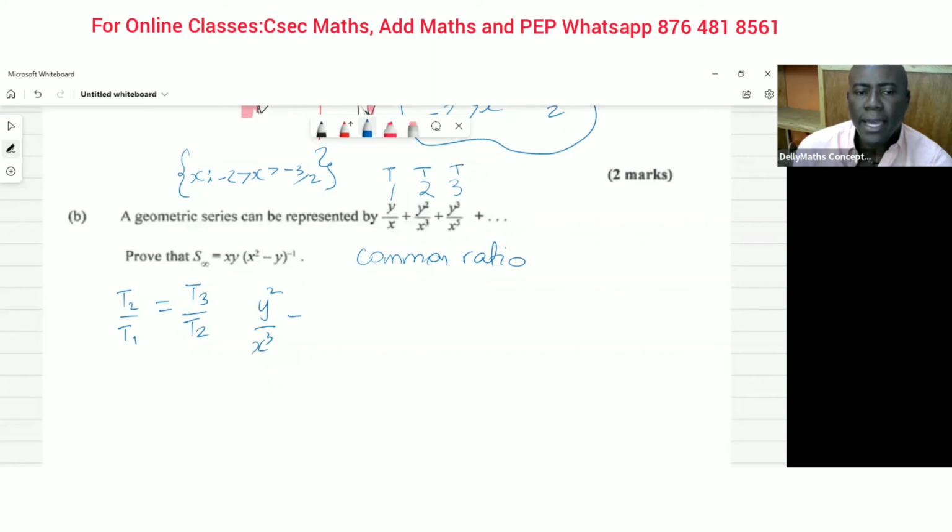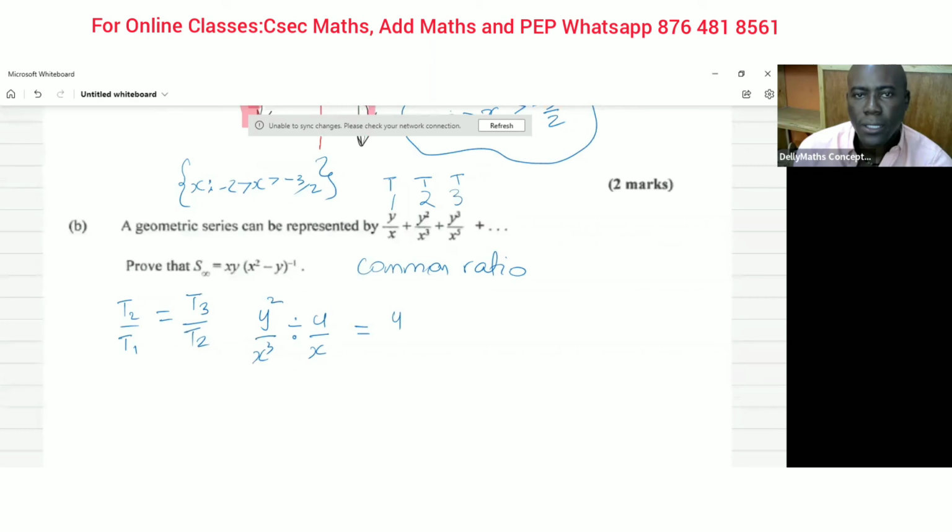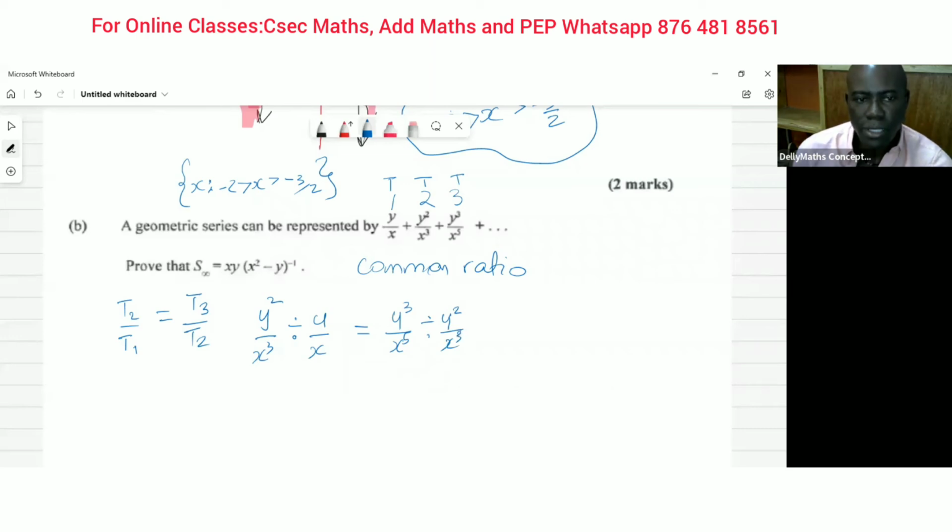If we divide this by y over x, I'm definitely sure it's going to give us the same value, or the same expression, as y to the third over x to the fifth divided by y squared over x to the third. All right, so we should get the same thing if you do these. So let us go quickly.